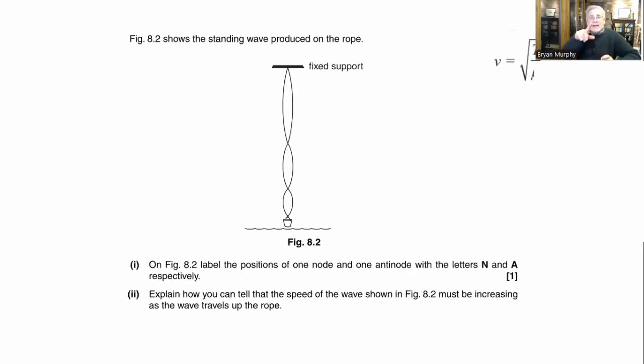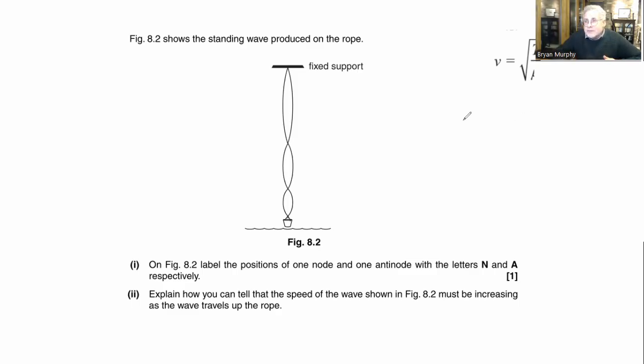Right. Then, weirdly, it does this. Okay, so marking the node and antinode, I'm not going to patronize you, but how can you tell that the speed of the wave increases as the wave travels up the rope? Well, you can see that because the wavelength increases.